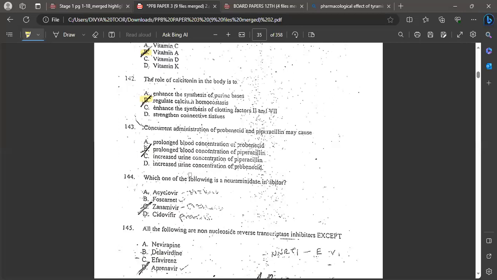Which type of cell was it? The C cells, or chief cells. C cells. Ah, thank you.